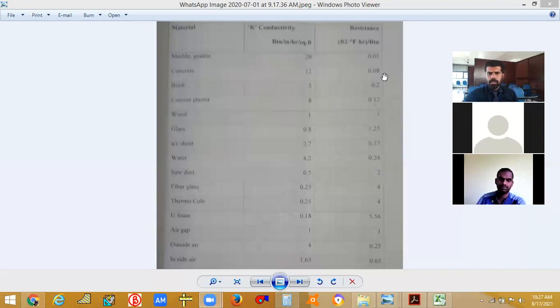What about others? U value is equal to, yeah, Kirti got the correct answer. Where did we know loss? What about Jacob?